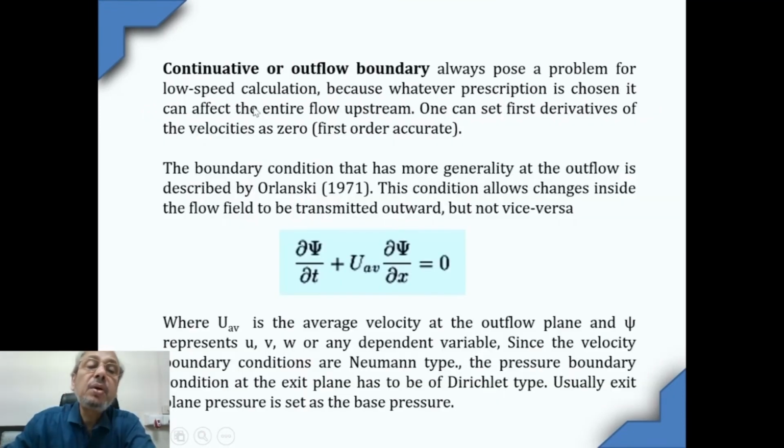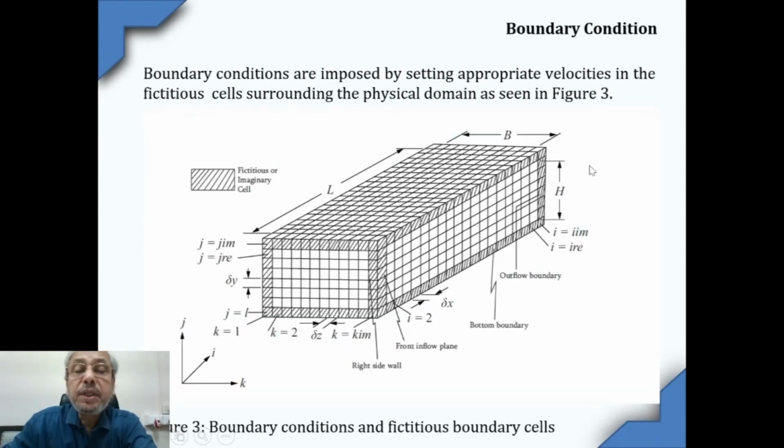Now we will go for the continuity or outflow boundary. If we have to set up the outflow boundary, we have to give boundary conditions here, right? If we exclude one layer of imaginary cells at the extreme downstream of the geometry, we have to define the exit boundary here.